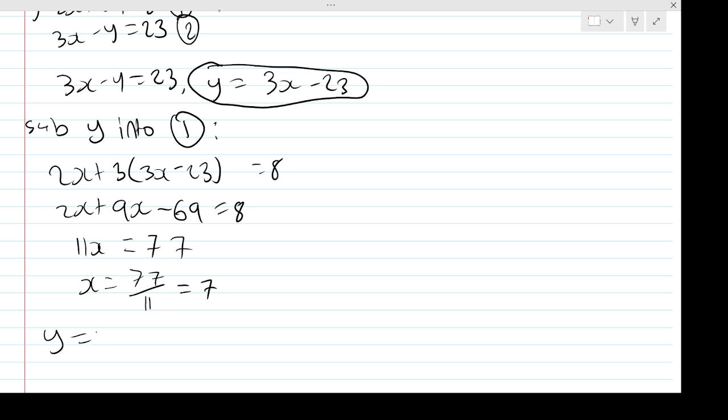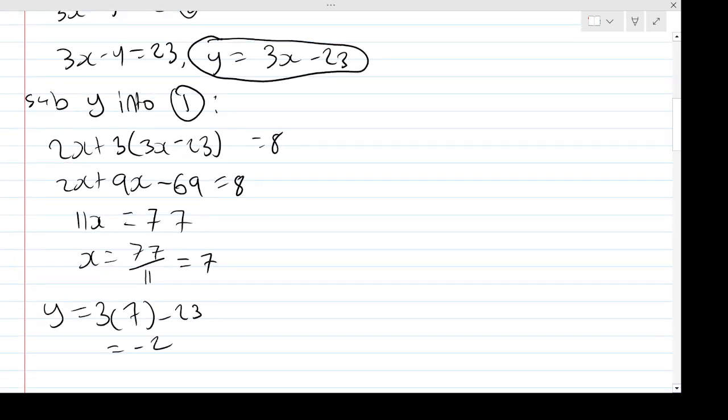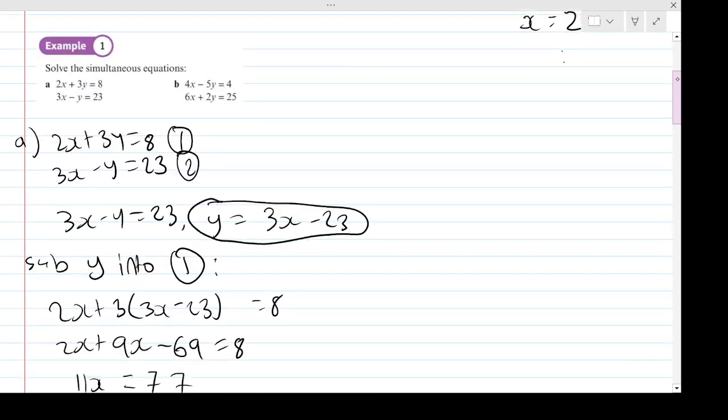So then y would be 3 lots of x, which would be 7, take away 23, which then will go to 21 minus 23. That'd be minus 2. Okay, cool. So that's our solution then. So the solution is x is 7, y is minus 2. Cool. Great. Okay, let's have a look at the next question then.